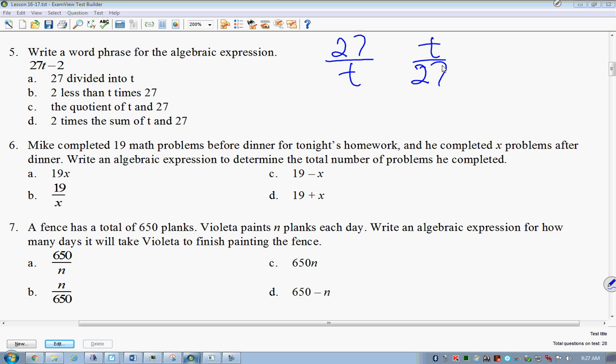Okay. 2 times the sum of t and 27. Can anybody tell me how to write that? Sum means you add, so t plus 27. Now what? Like that?